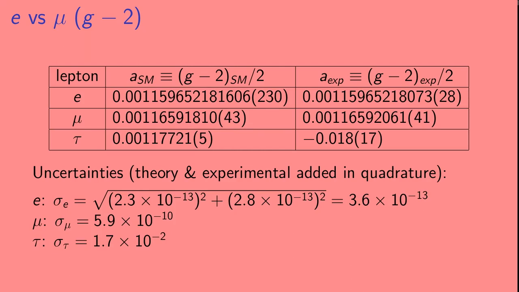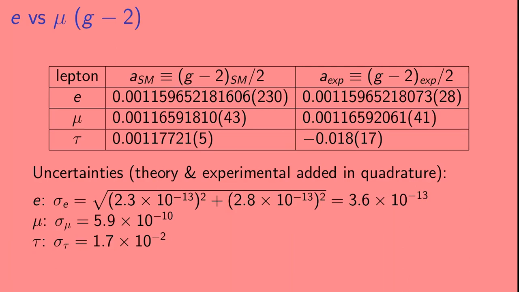Okay, so here's the same table we saw at the beginning of the video. To look for signs of new physics, we care about the difference between the value predicted by the standard model and the experimentally measured value. But here, to compare the precisions of the different results, we're interested in the uncertainty on this difference.